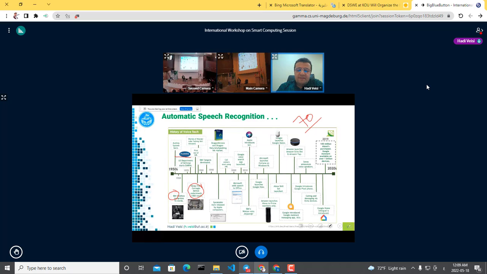Maybe the first commercial ASR system is IBM ViaVoice, which was developed among these years, and after that we can name the Dragon Dictate, which is now still purchased by a company named Nuance.